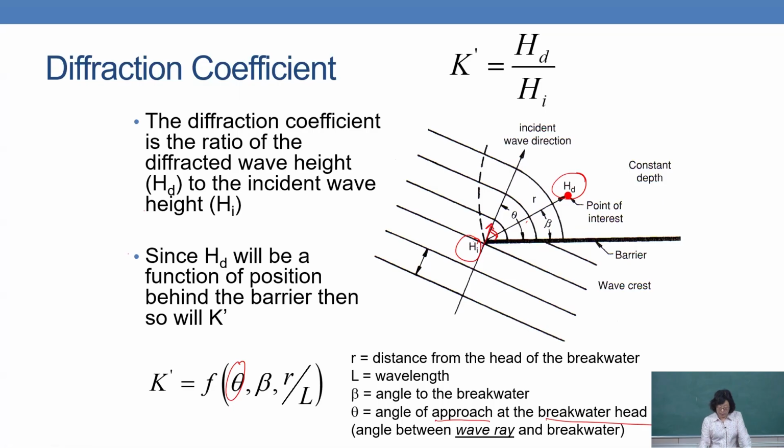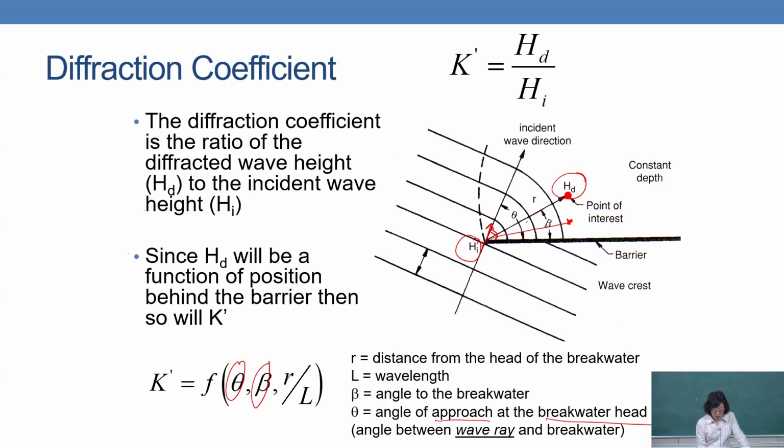And it also depends on beta. Beta will be the location. If you want to know the wave height at a location over here, that will be the angle beta.